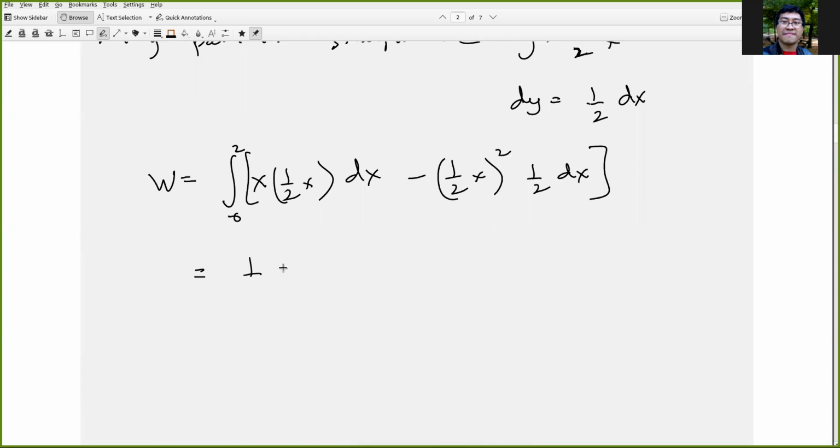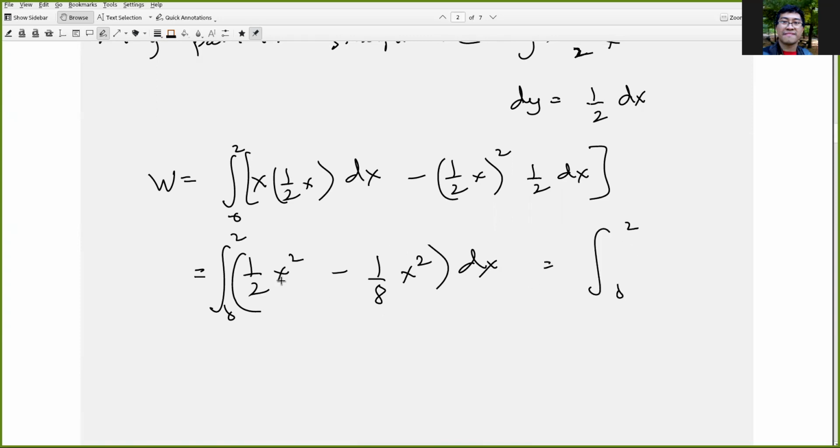You have 1/2 x squared minus 1/8 x squared, that would be 4/8 minus 1/8, that's 3/8 x squared dx.